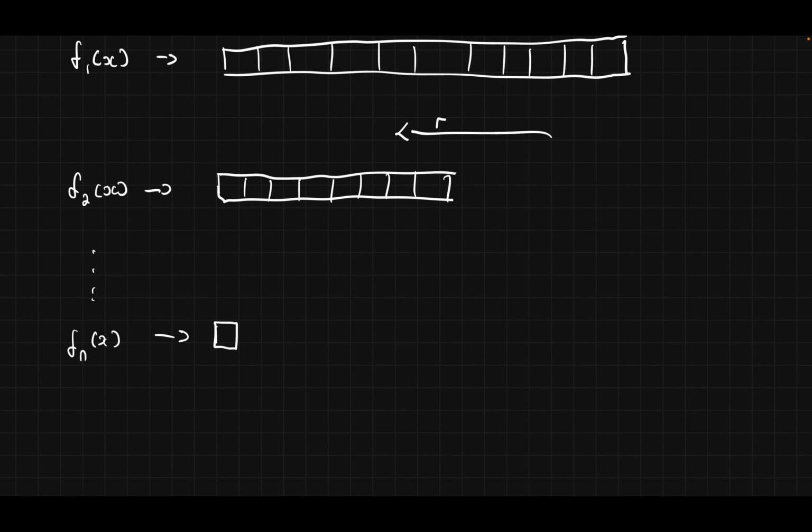So the commitment will be like Merkle root hash 1, Merkle root hash 2, Merkle root hash 3, and then finally you have a constant. This is your commitment. This is just you binding yourself to the polynomials.